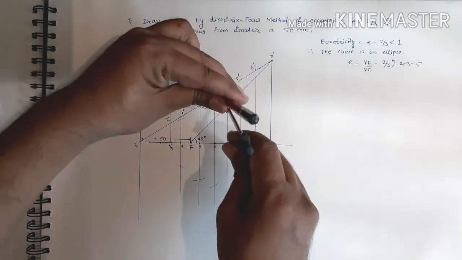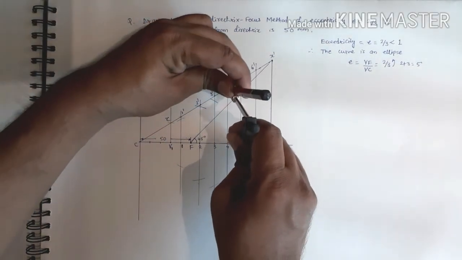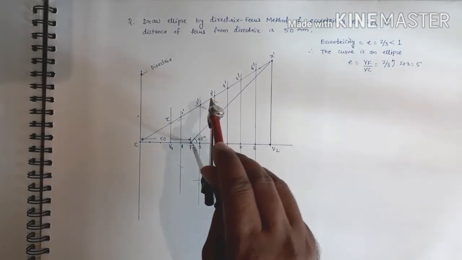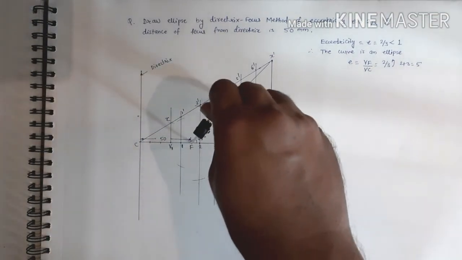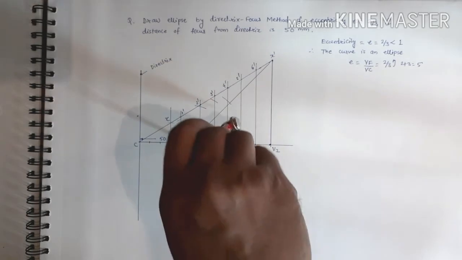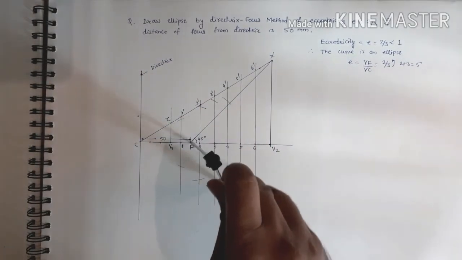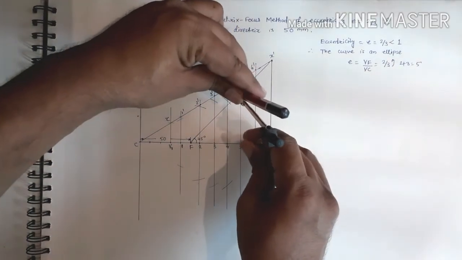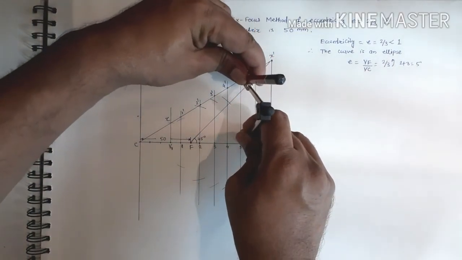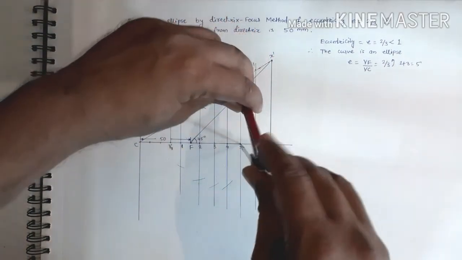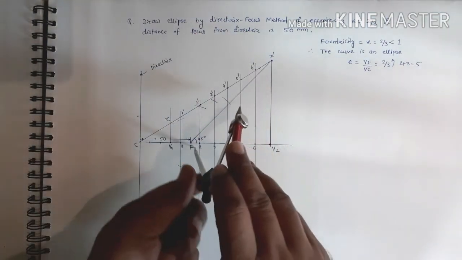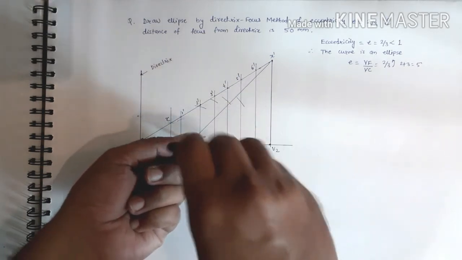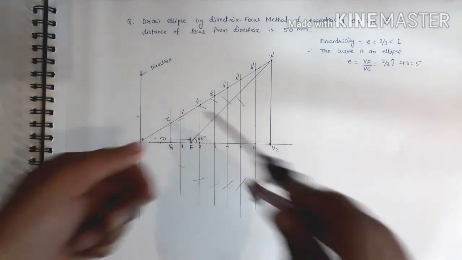Similarly, 4 4 dash, put on F point, mark on 4 4 dash line top side and bottom side. Similarly 5 5 dash, take the distance 5 5 dash, put on focus point and mark on 5 5 dash line top side and bottom side.